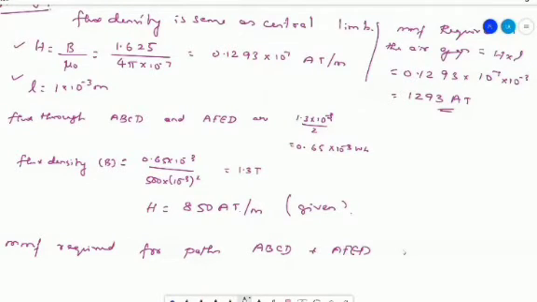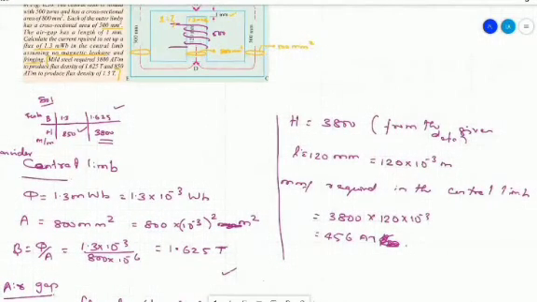You can compute any of these. The MMF required for the path ABCD is H into L, that is 850 into L, and L is again given in the question to be 300 mm. So this length is given to be 300 mm.